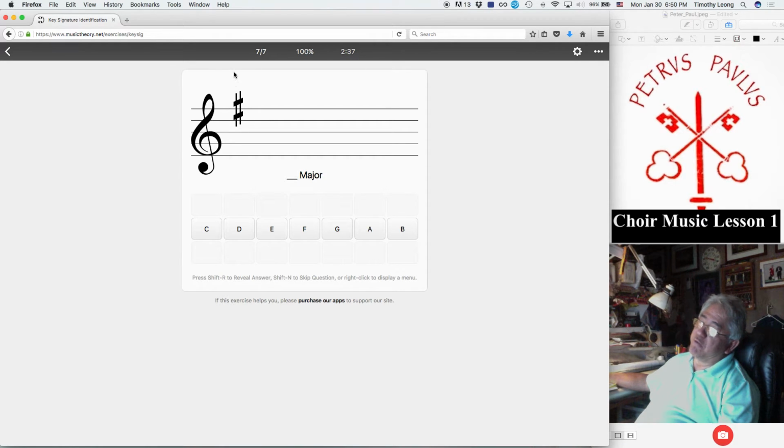If you see a flat, you go 5 notes to the left or lower. With sharps, you go up. So you start with C, and every time you add an accidental, you go up 5 notes. Okay. So this is telling you it's got one sharp.